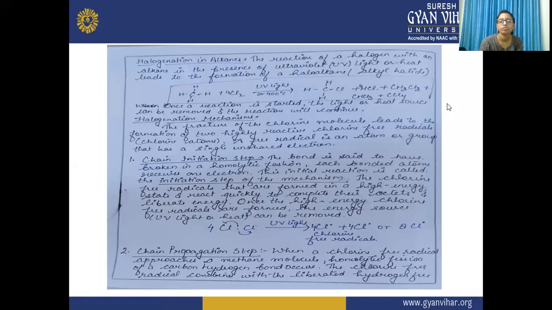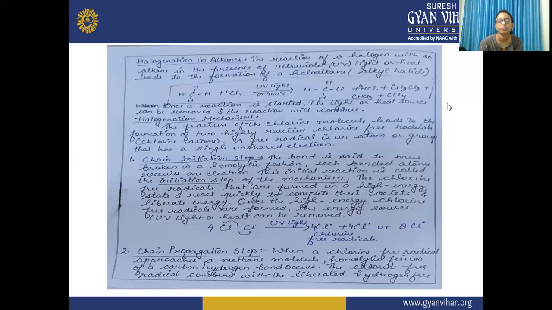In this, the fracture of the chlorine molecule leads to the formation of two highly reactive chlorine free radicals, that is, chlorine atoms. A free radical is an atom or group that has a single unshared electron. So here the chlorine molecule gets fractured, meaning there is a homolytic fission, which leads to the formation of two highly reactive chlorine free radicals.